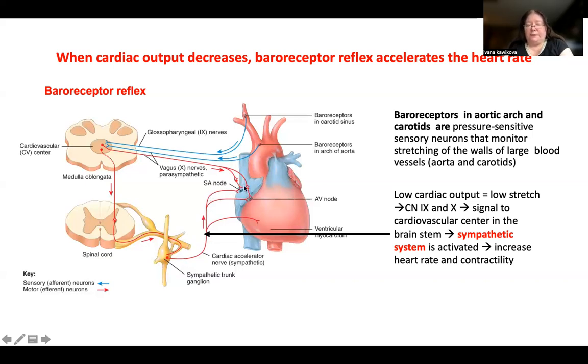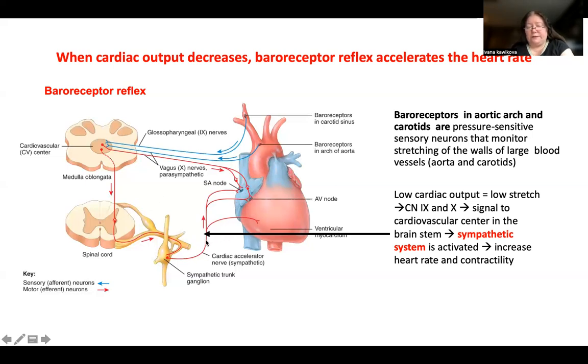So we have signals going to the sinoatrial node and atrioventricular node, and therefore if the heart beats faster, our cardiac output will be higher. Just as a reminder, cardiac output equals stroke volume multiplied by heart rate. So here we are affecting the heart rate.